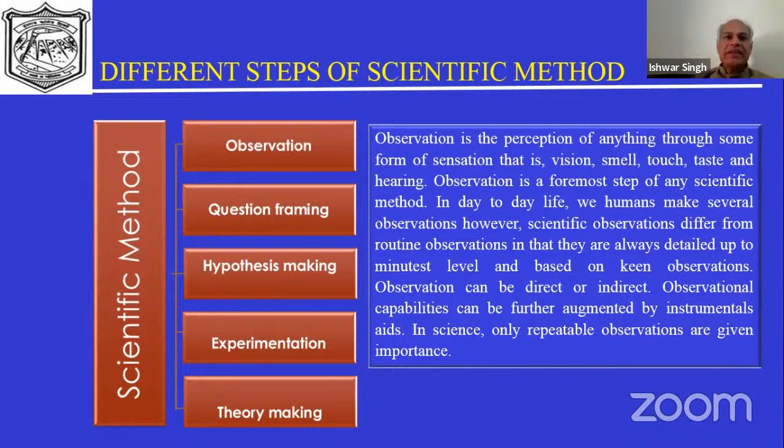And this pattern seeking ability of the mind is because the mind always tries to explain or define things in the form of generalization.